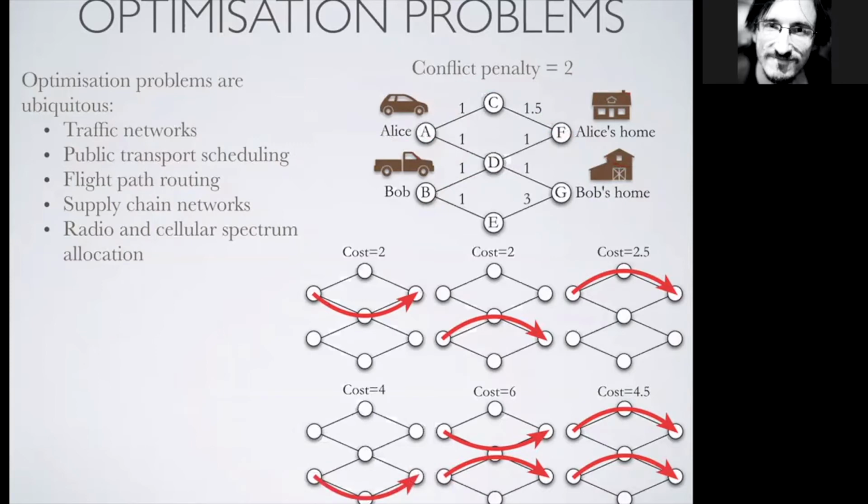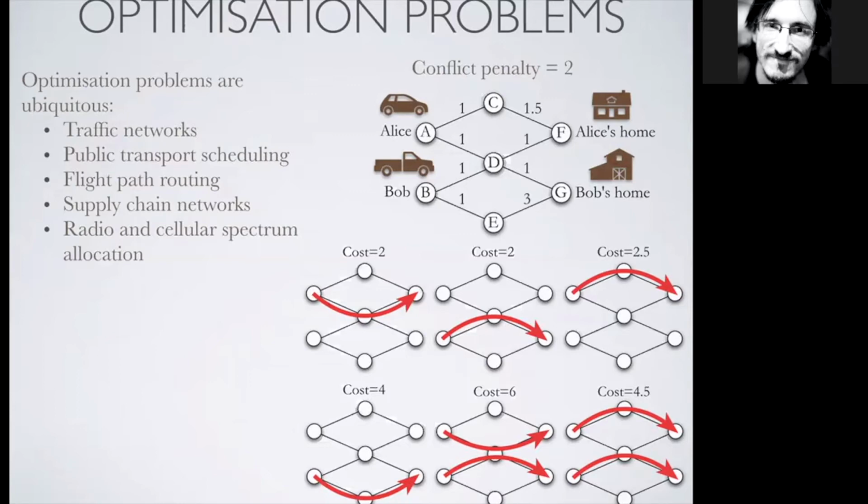It's a really easy one to solve, and it's basically what Google does when you ask it to find you the directions back home. It uses this algorithm called the shortest path algorithm, which classical computers can handle really easily when there's one user, just Alice or just Bob.